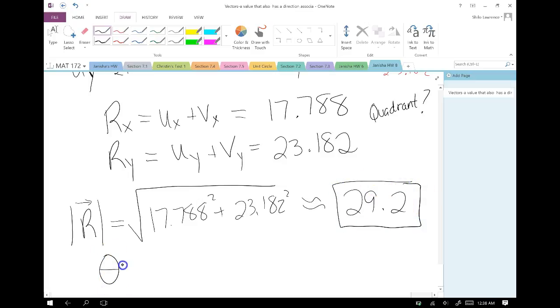And then for theta, we do tan inverse of the y value over the x value. You always do the y on top because tan is opposite over adjacent. And if you look back at the triangle we drew at the top, that vertical side is opposite of where we drew theta.